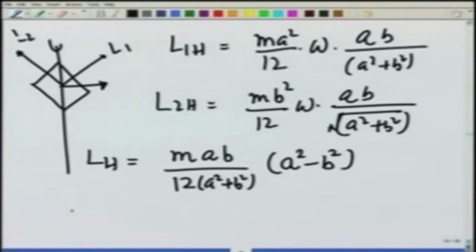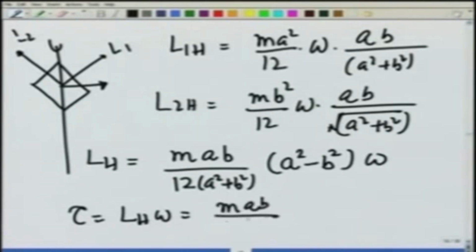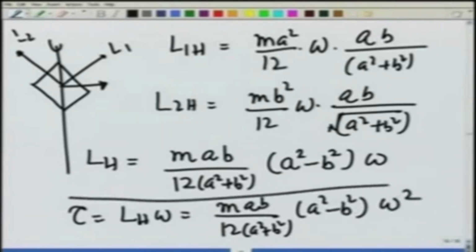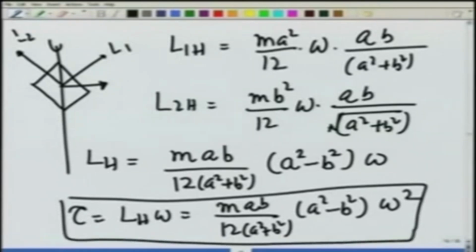And therefore, the torque, which is L horizontal times omega, is going to be m a b over 12 a square plus b square times a square minus b square times omega square. How about the direction? This is rotating like this, so this will be going into the plane, and that will be the direction of the torque.